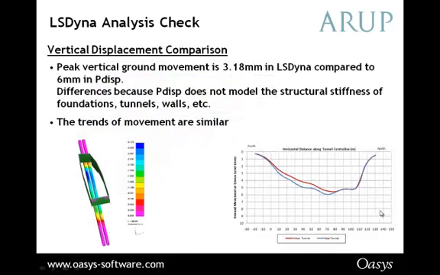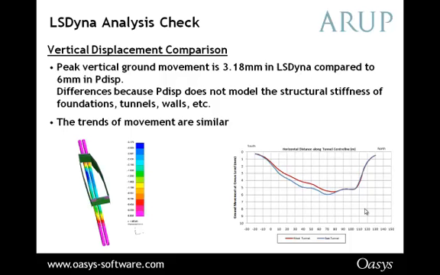For displacement, as opposed to stresses, the peak vertical ground movement in LSDyna was 3.18 mm, compared to 6 mm in Pdisp. So in a comforting way, Pdisp was more conservative. You would expect this, and the differences occur because Pdisp doesn't model, for example, structural stiffness of the foundations, tunnels, and walls. So you would get a higher displacement with Pdisp.